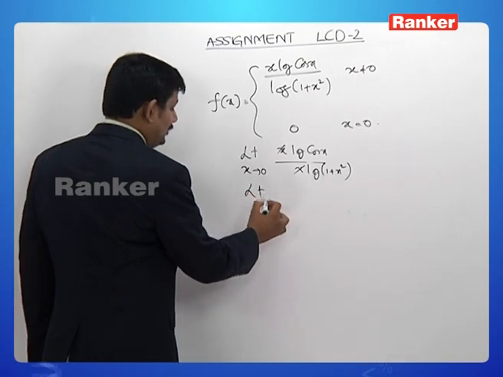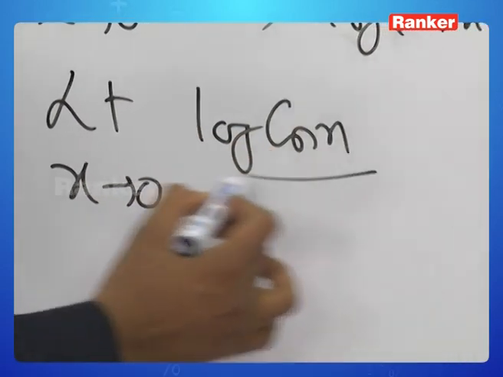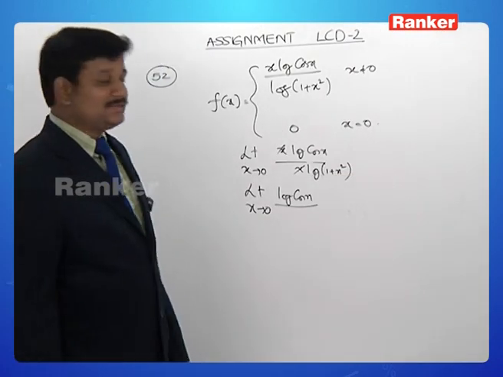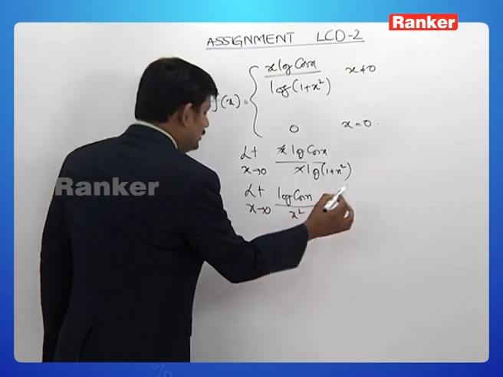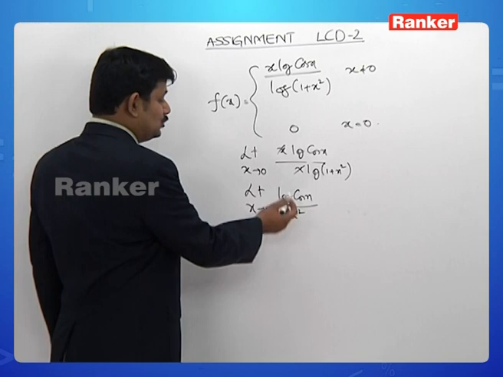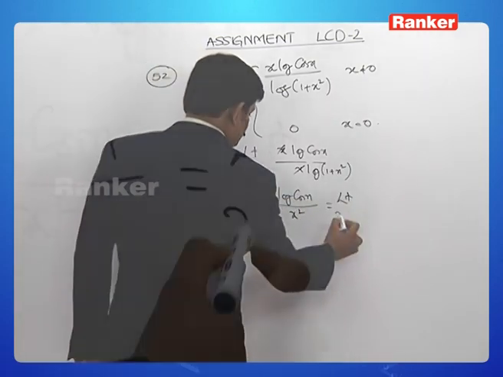We have limit x tending to 0, log cos x divided by log of 1 plus x square. In the previous discussion we saw log of 1 plus x square is equivalent to x square. So, this limit will be log cos x by x square. This is again 0 by 0 form. Let us apply L'Hospital rule.